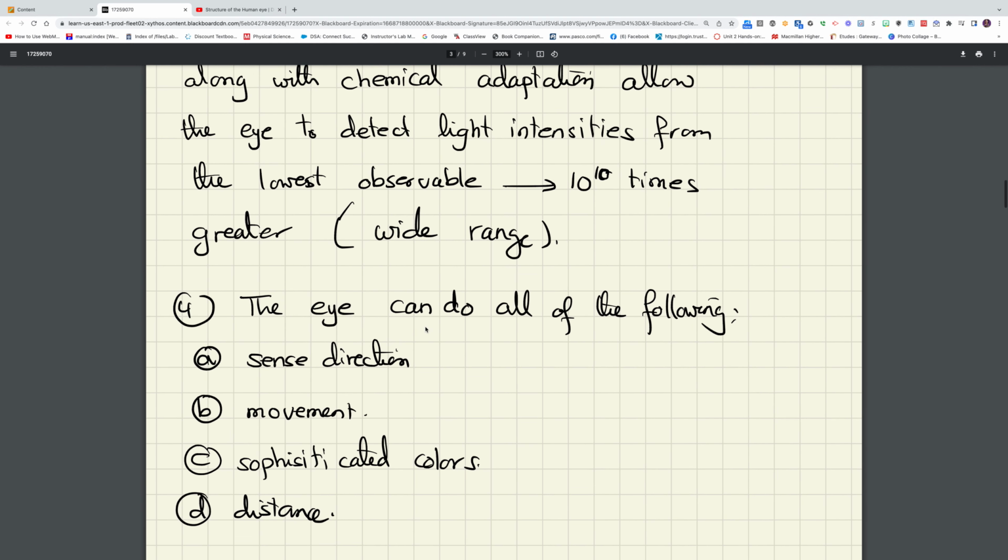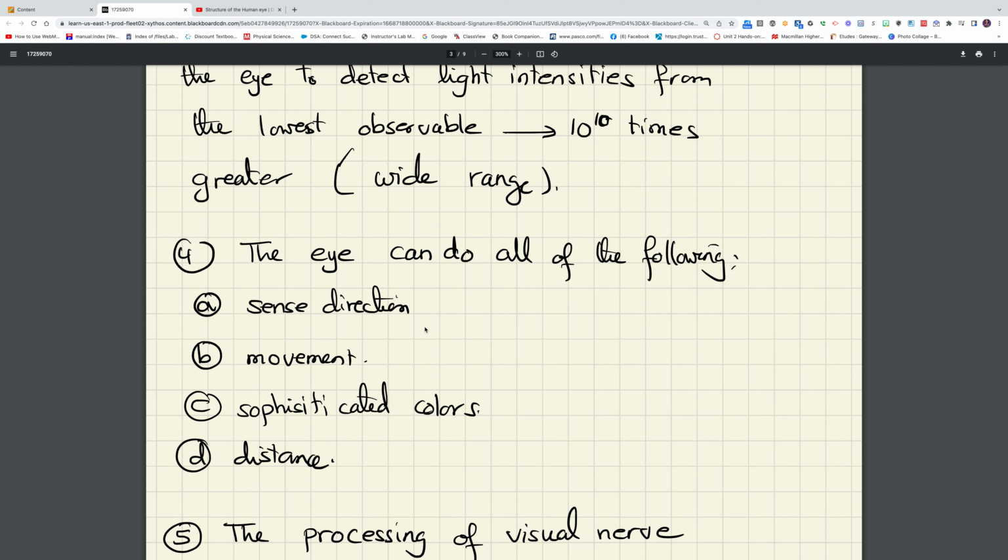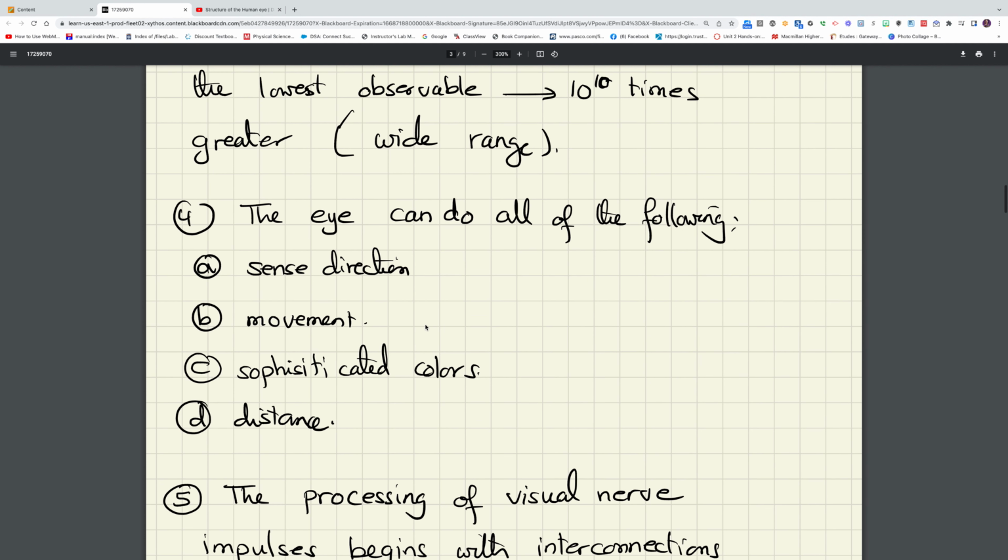The eye can do all the following. It can sense direction, it can sense motion or movement, sophisticated colors, distance as well. We sense all these by our eyes.